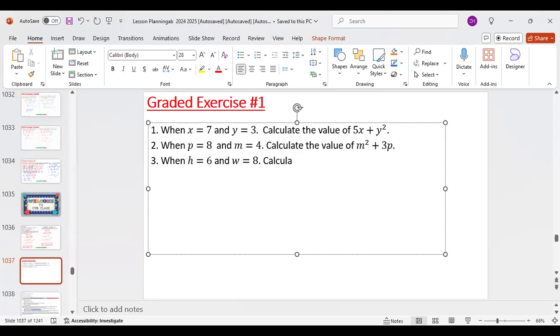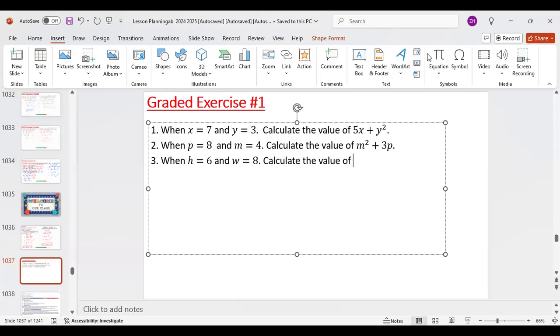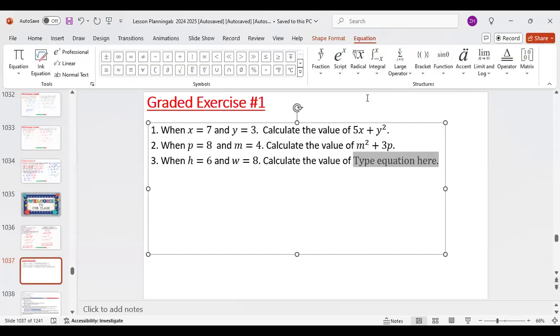Calculate the value of h plus w squared.